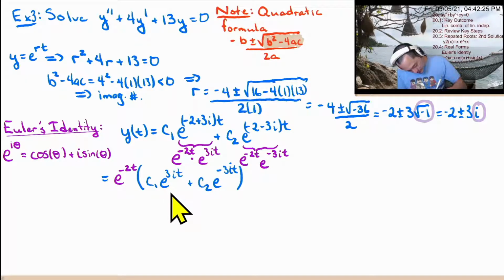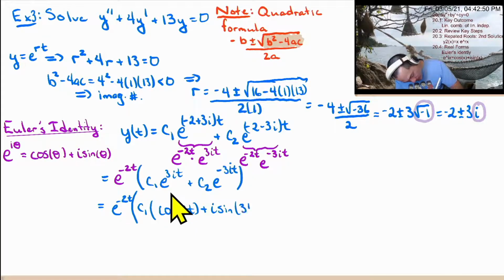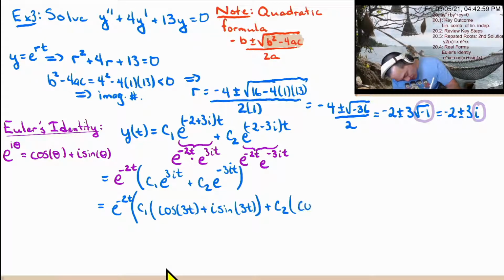So this would be equal to e to the negative 2t hanging out front times c1 times cosine 3t plus i sine 3t, plus c2 times cosine, not 3t, but now there's a negative up in that exponent, so I get cosine of negative 3t plus i sine negative 3t.